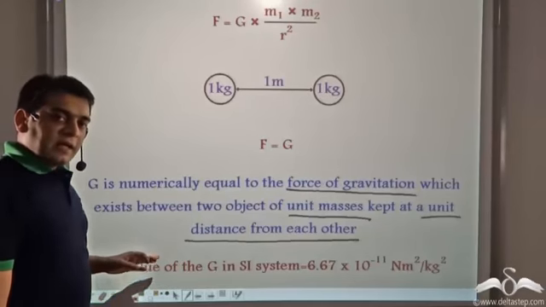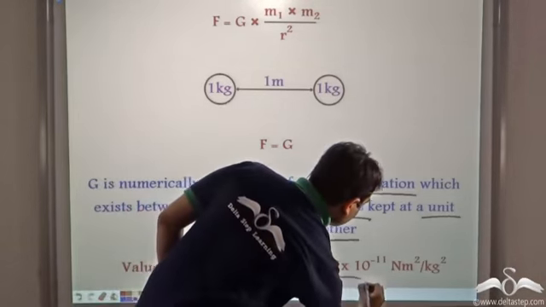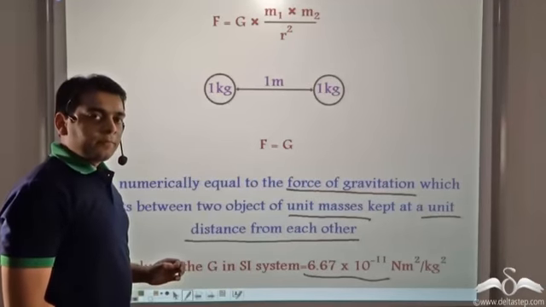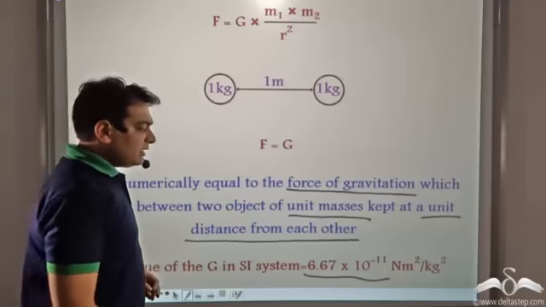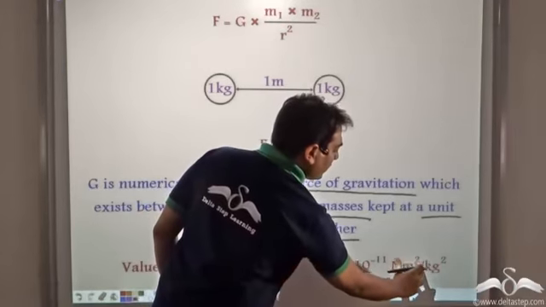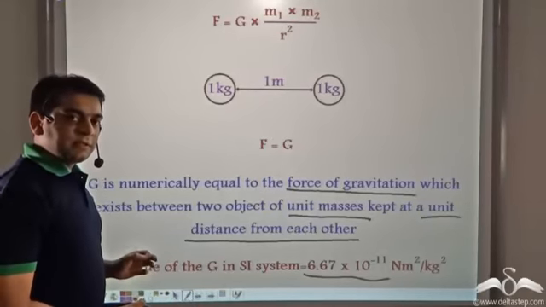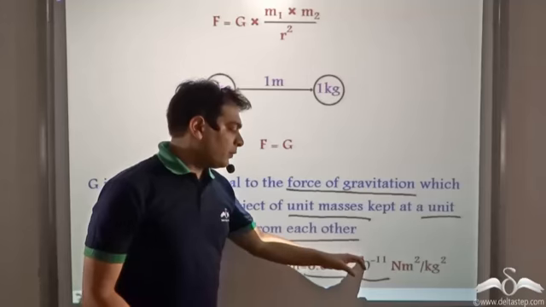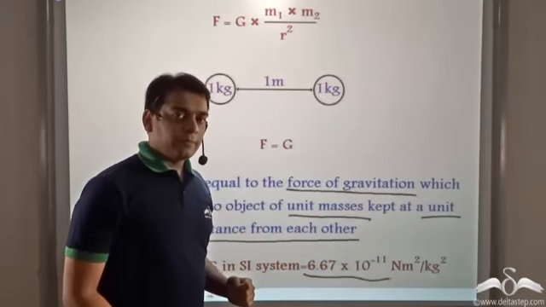And this has been found to be 6.67 into 10 to the power minus 11. And since we've just studied that the SI unit of G is Newton meter square per kg square, so the value of G in SI system is given as 6.67 into 10 to the power minus 11 Newton meter square by kg square.